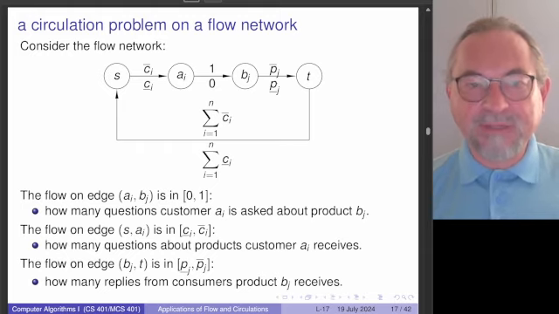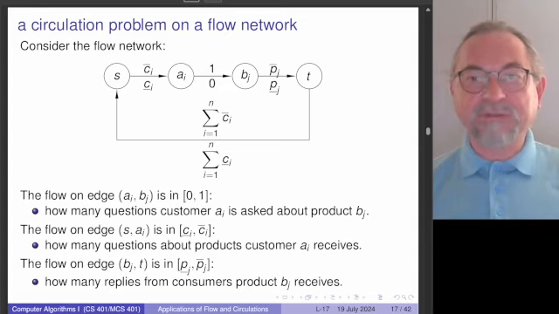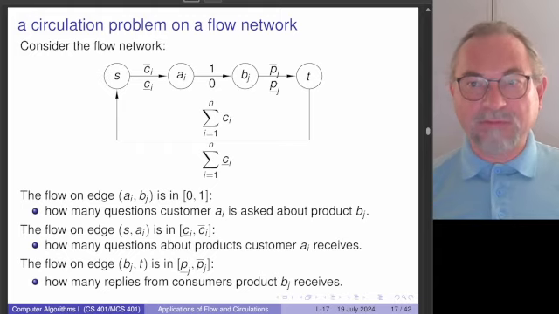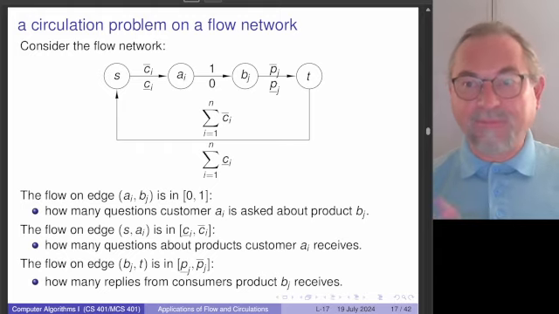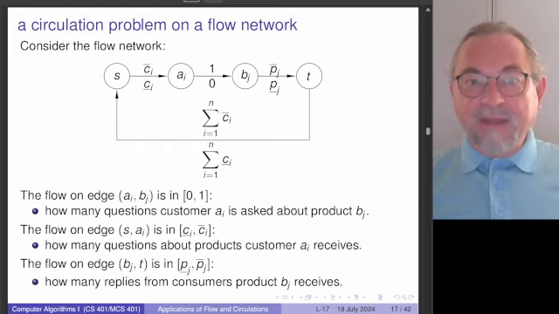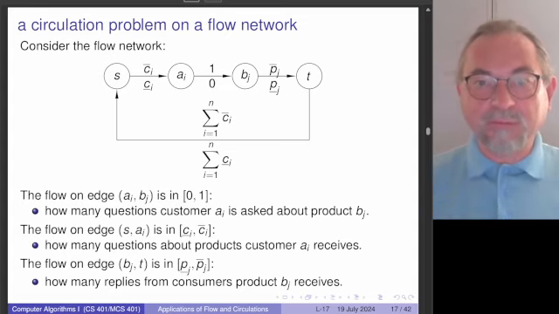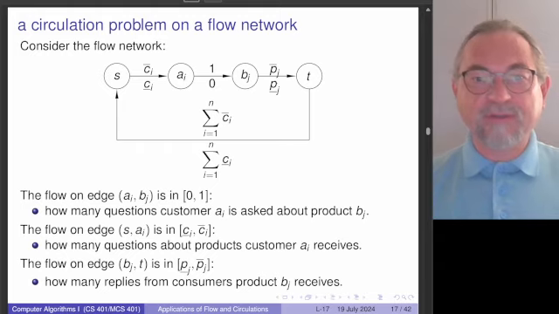Then the capacity on the edges between customers and products is 1, and the lower bound is 0, but if you write 0, then it means that the customer didn't purchase this product.